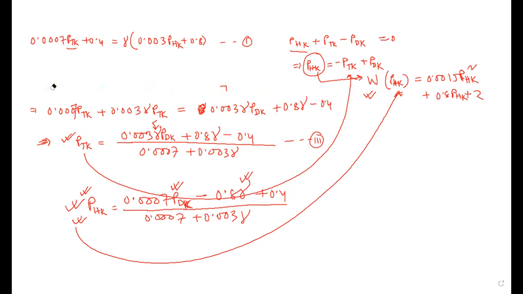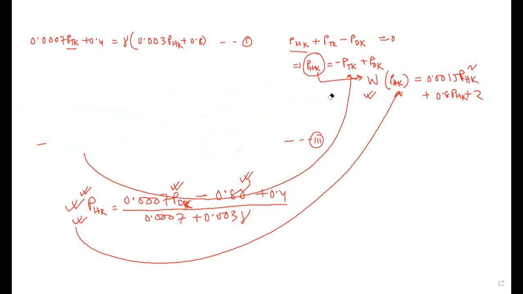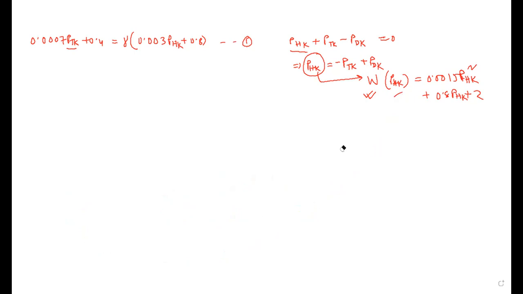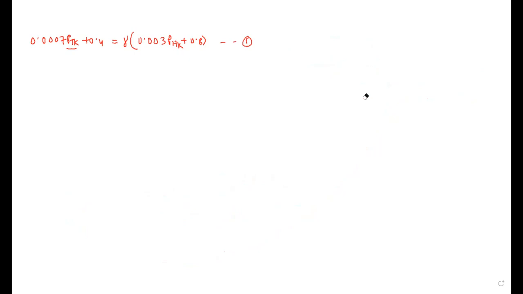So let's erase everything. Now let's say you have chosen some value of gamma as given in the book, gamma equals 0.5.